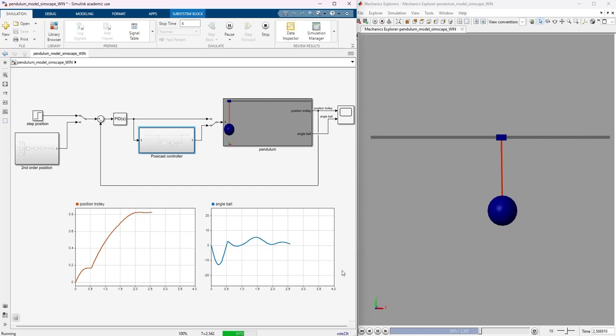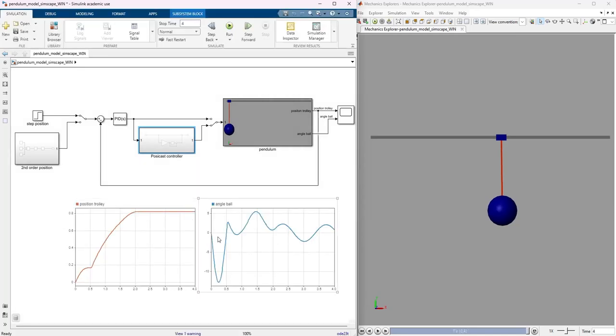It's still doing the simulation, but what we can conclude at this point is already that the maximum oscillation of my ball is much smaller than in the situation where we didn't use a Posicast controller, as we of course expected. Here we see that the maximum degree of the ball is 5.5 degrees, which is of course much smaller than in the previous situation in which we didn't have a Posicast controller.